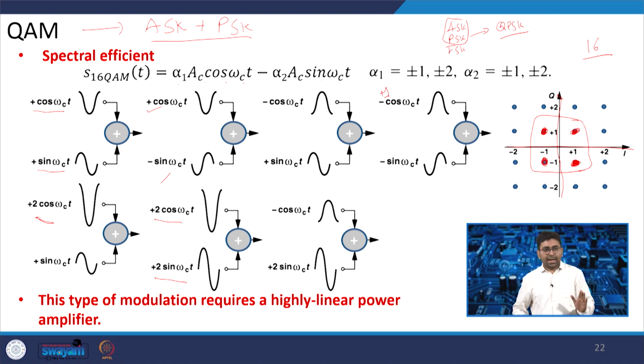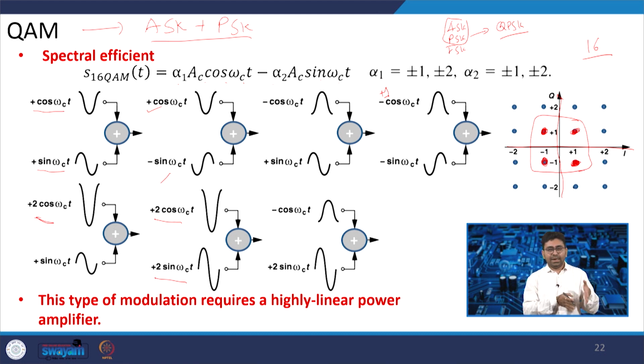Another point I want to add: there are some advanced modulation schemes people are targeting for terahertz communication, where they try to bring in analog QAM also.